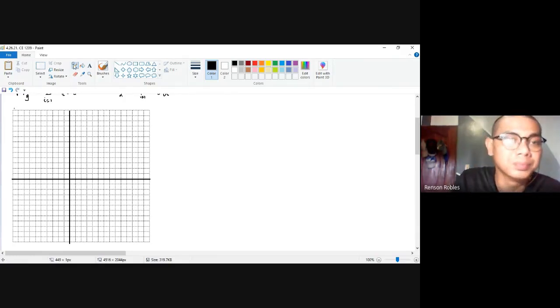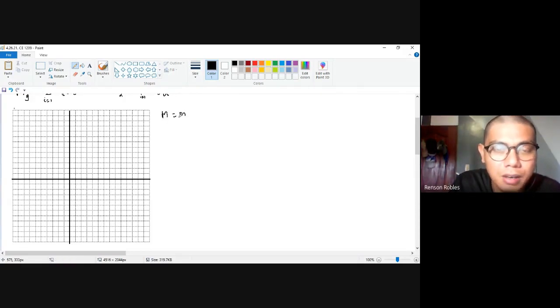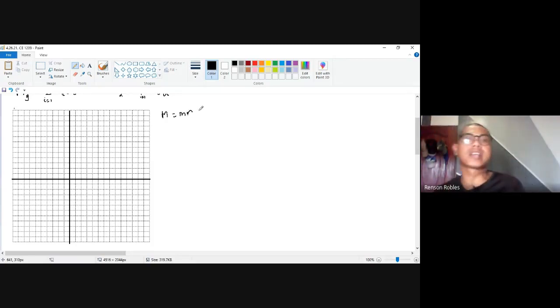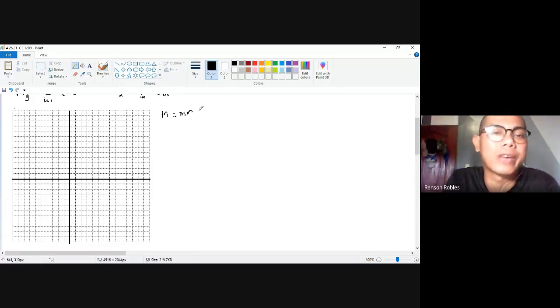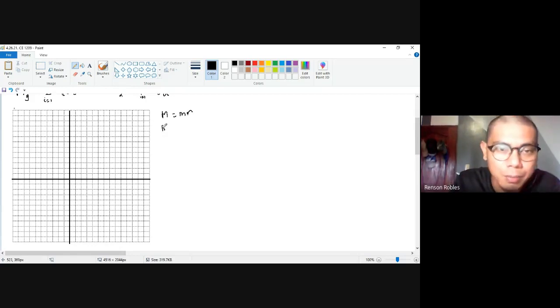The moment of mass M is equal to the product of its mass times its distance to the reference line, point, or plane. And for a two-dimensional system, we have two moments of mass: moment in x and moment in y. The moment in x is the product of the mass of the particle times its distance with respect to the x-axis.